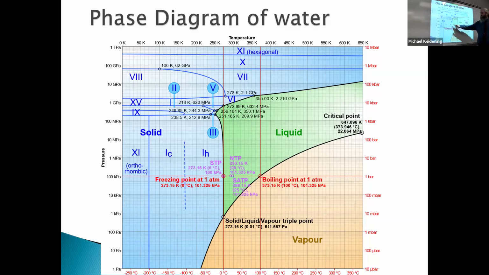But primarily you see just the 1H. And then there's some interesting stuff that happens up here above what's called the critical point. You get into this area over here where the difference between liquid and gas is sort of fuzzy. There isn't a strict difference, and that's what's known as a supercritical fluid.